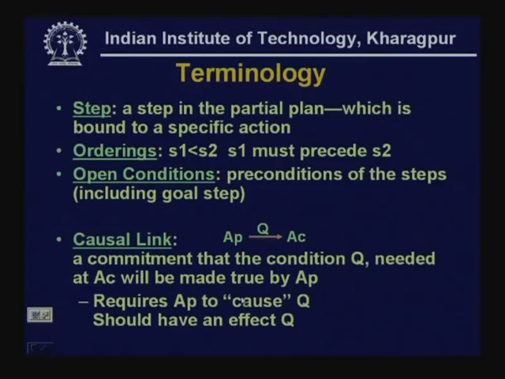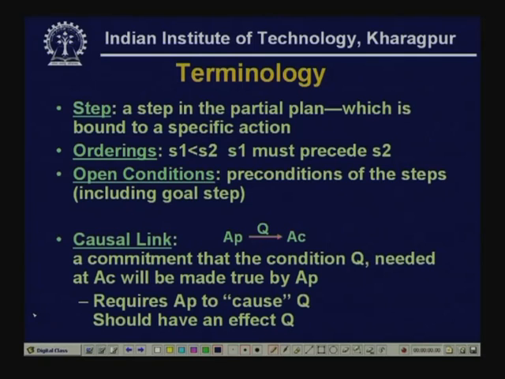Let us get to certain terminologies that we will be using today. A step in the partial plan is a particular action which is taken. So, a step is bound to a specific action.